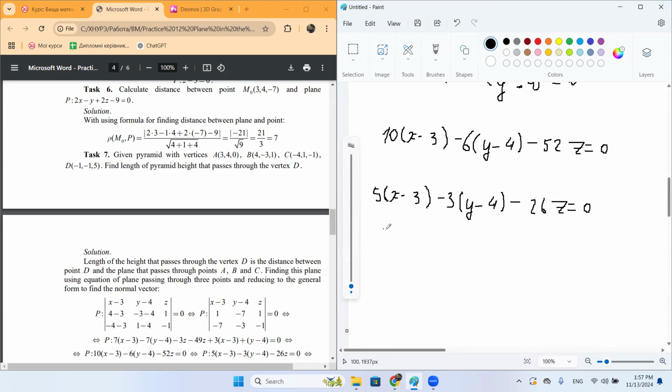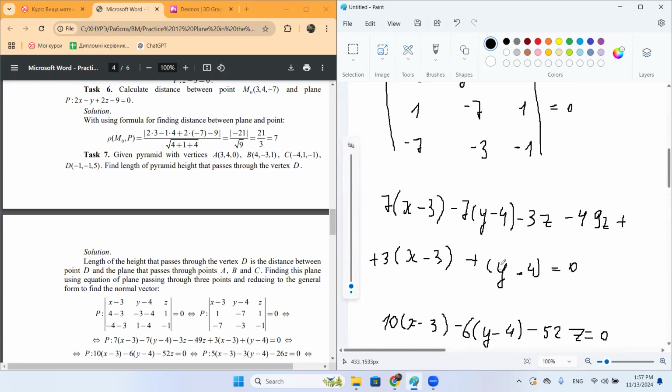And now expanding brackets. So, by the way, we don't even need to expand them. We have everything that we need. So we know A, B, and C. So the normal vector equals 5, minus 3, minus 26.